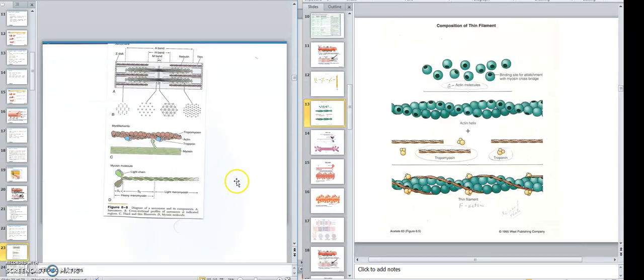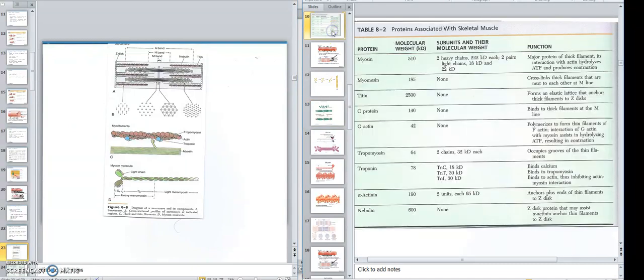So again, let me go to this picture here. We talked about myosin, which is the M-line protein, that's another name for it. Titin, G-actin, tropomyosin, troponin, alpha-actinin. Nebulin we really didn't talk about. It's a Z-disc protein that assists in anchoring.